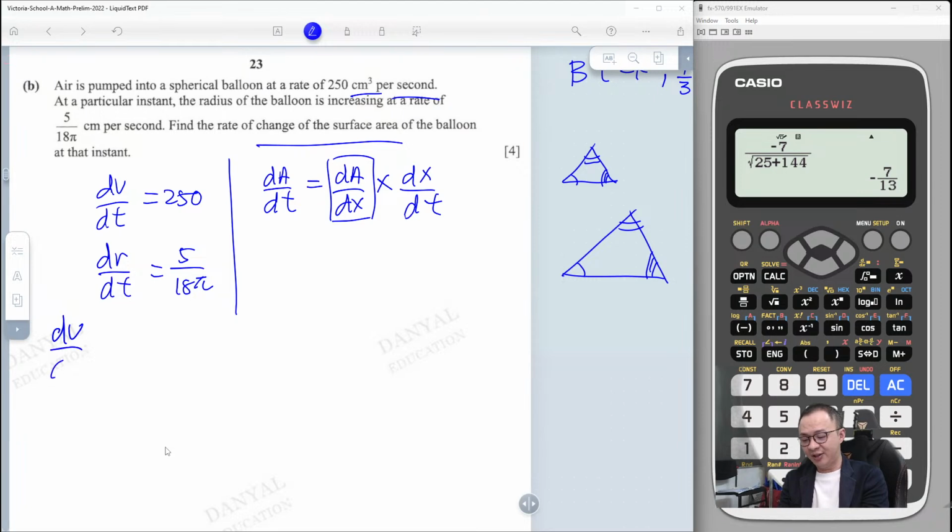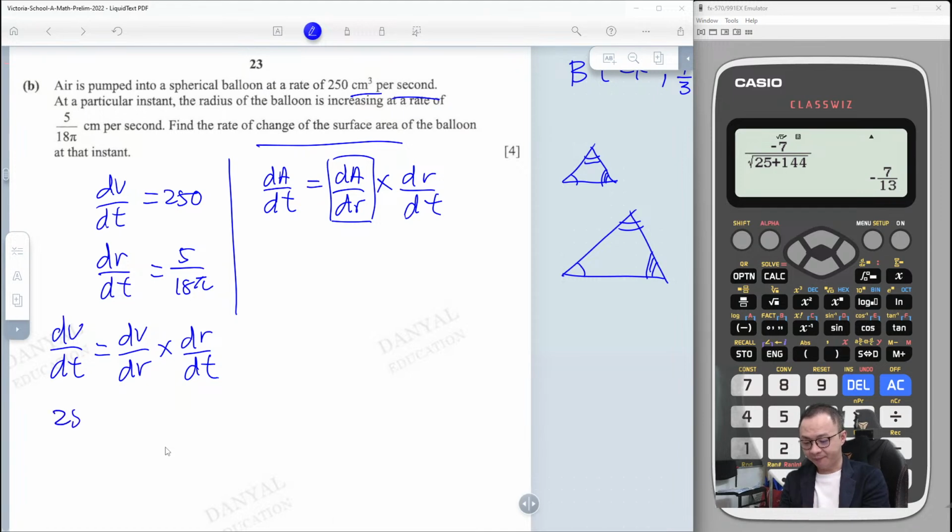Because dV/dt should equal dV/dr multiply dr/dt. Oh, then I don't want dA/dx, I use dA/dr. It's better because I have the dr/dt here. So by solving this one, I should be able to get my dr/dt lah. So this one, dV/dt is 250.